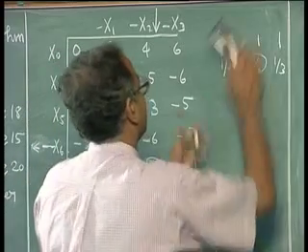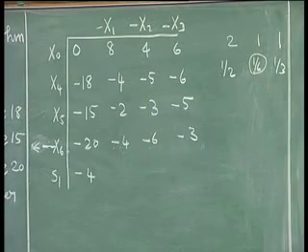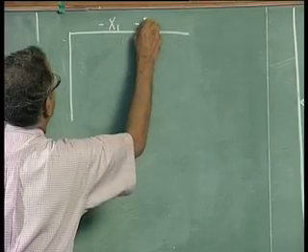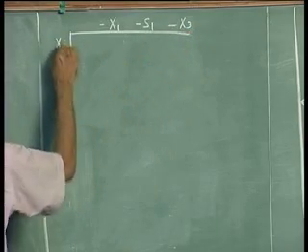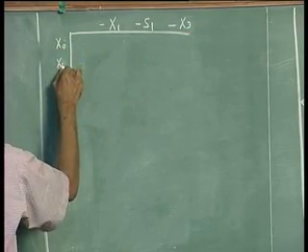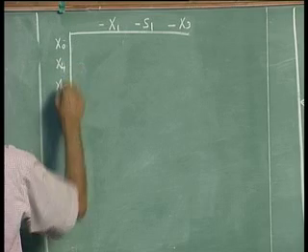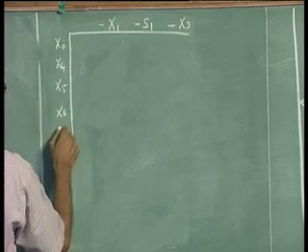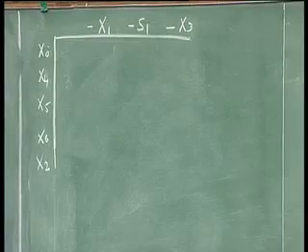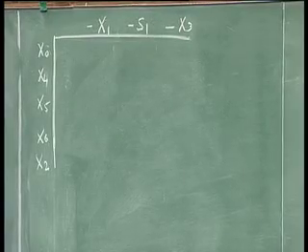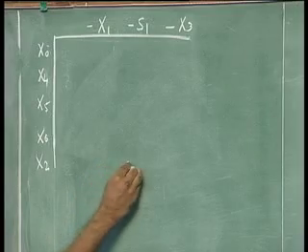Now continuing the iterations, we will have here minus x1, minus s1, minus x3, you have an x0 here, you have an x4, x5, x6 and x2. Pivot element becomes 1 by pivot, so it becomes minus 1 again.